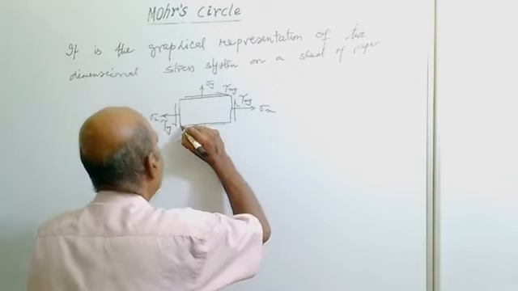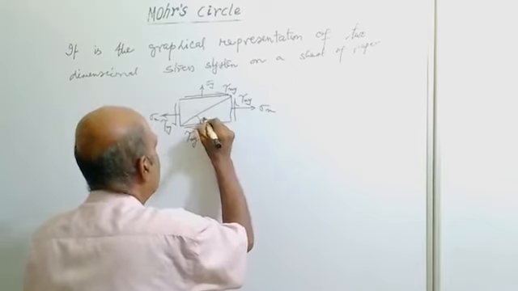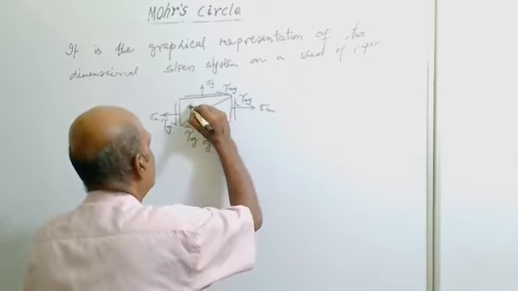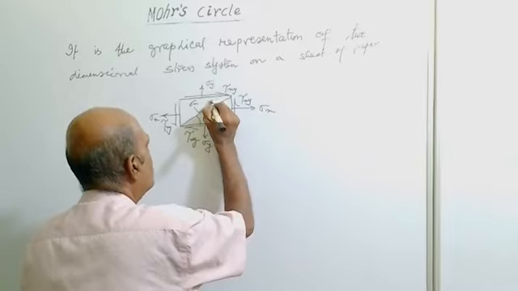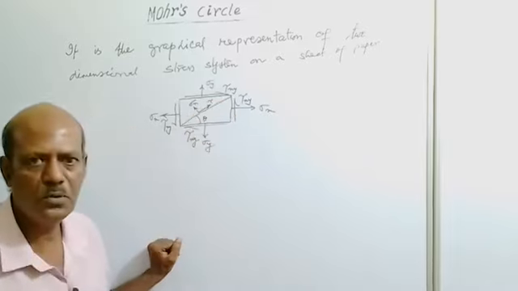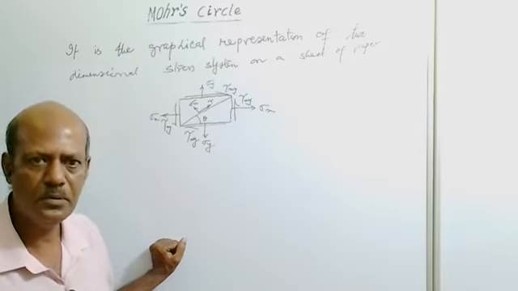So on this inclined plane which is making an angle theta with positive x direction, there are two stresses developed, sigma n and tau. So we have got the formula for sigma n and tau.